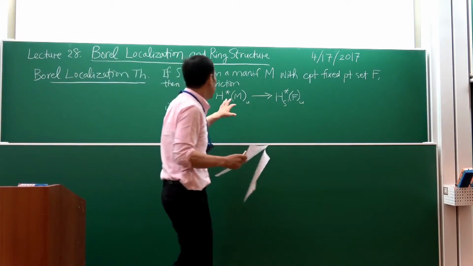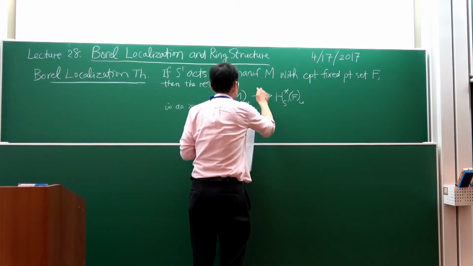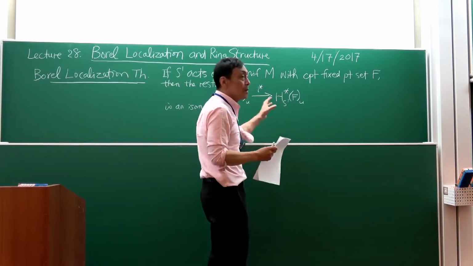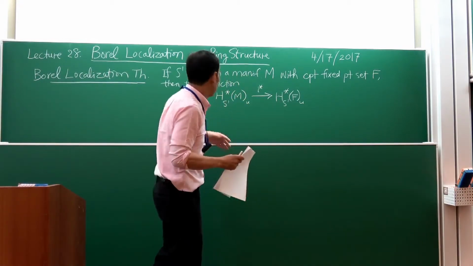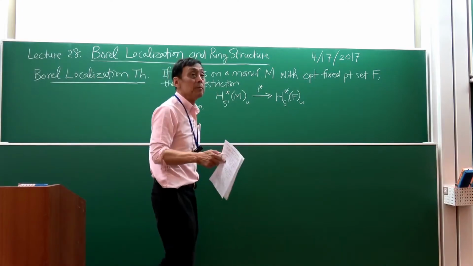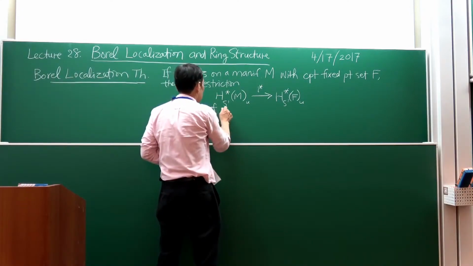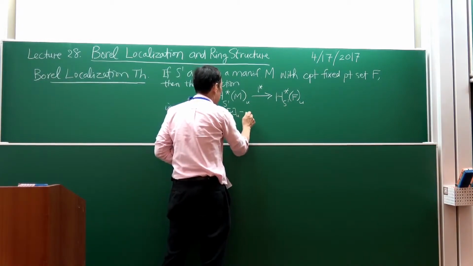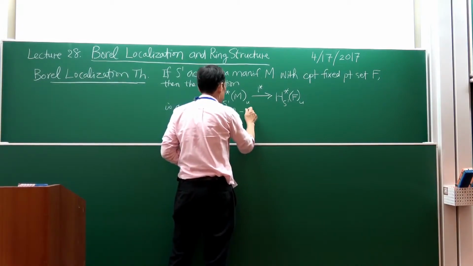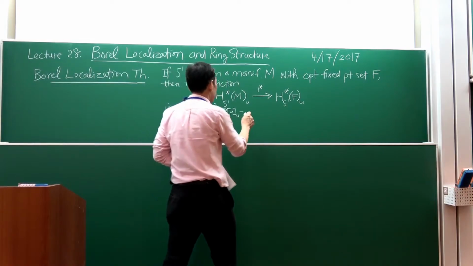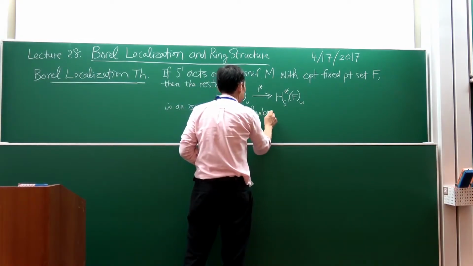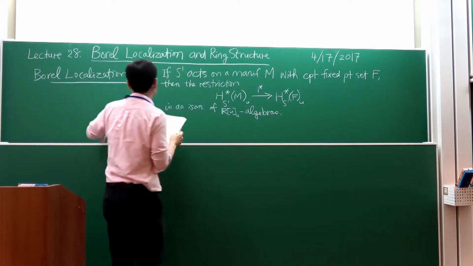And because the restriction is a ring homomorphism, this is an isomorphism of R(U) localized at U algebras. Okay, so that's the theorem.